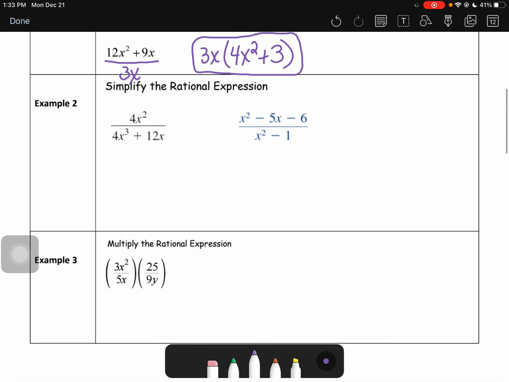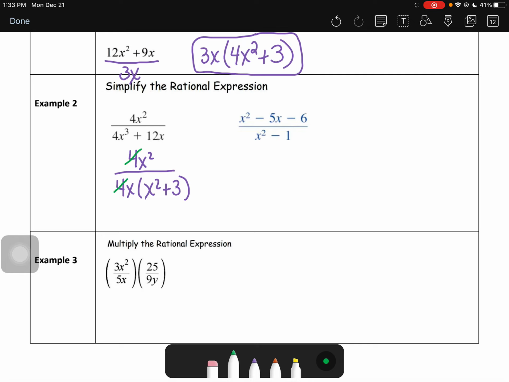And the most important part to remember when we are multiplying or simplifying rational expressions is that we need to factor first, unless we can't. So in this example, when we factor first, the numerator is 4x squared, and in the denominator we have a greatest common factor of 4x, and we have x squared plus 3, which cannot be factored still.